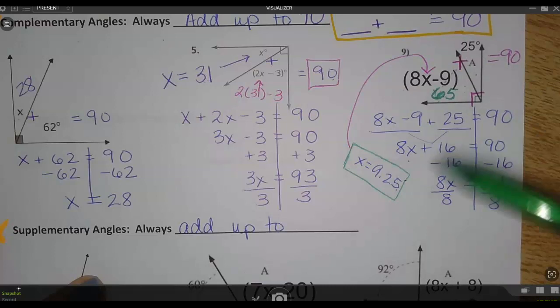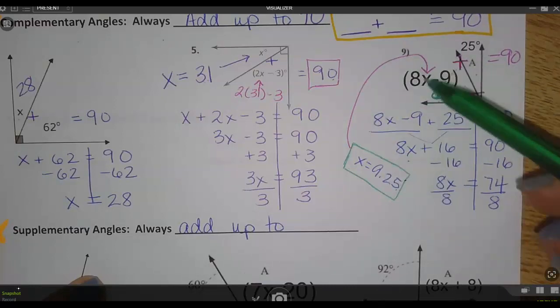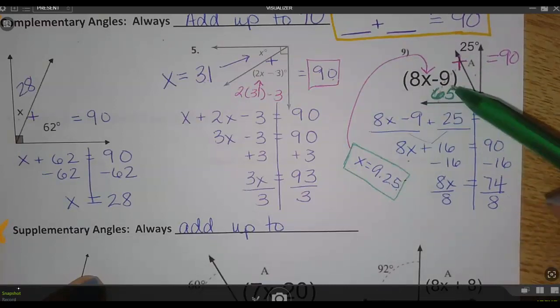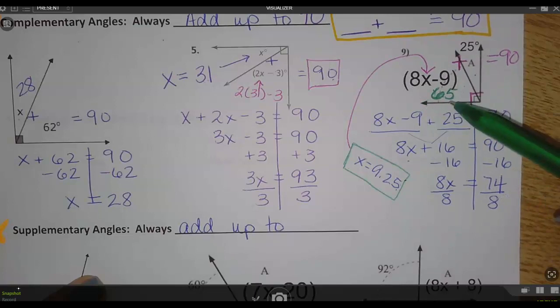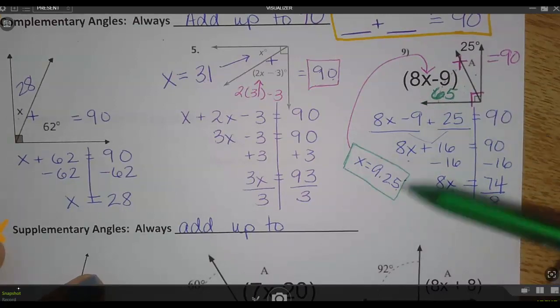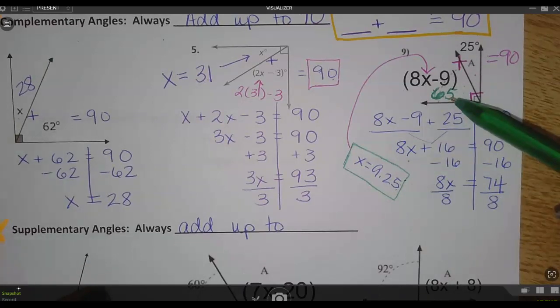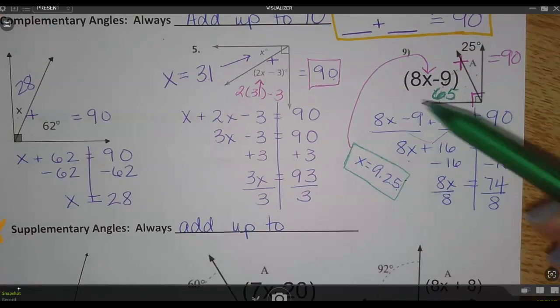So again, we have to be able to take our value of x, plug it back in to this expression for the angle, and figure out how big the actual angle is. Some questions will ask you to find x. Some questions will ask you how big is this angle. So we have to be able to go that step further and get 65 degrees here for the measure of that angle.